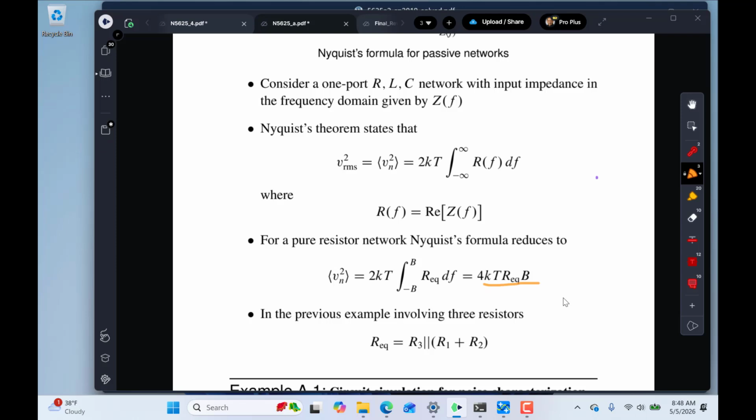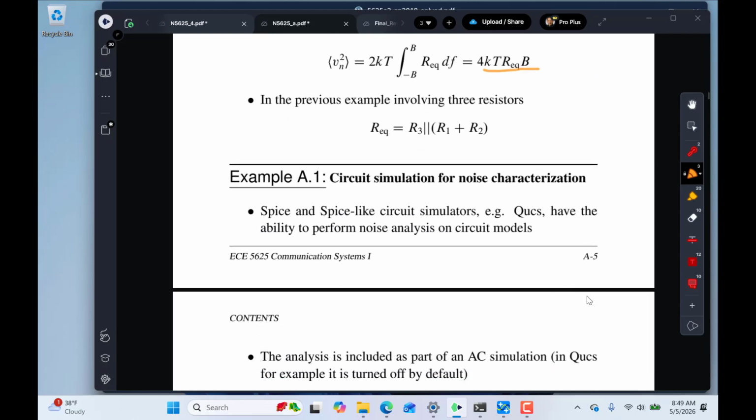It's back again. The 4kTRB is sitting in there. So we could just find the equivalent resistance there.